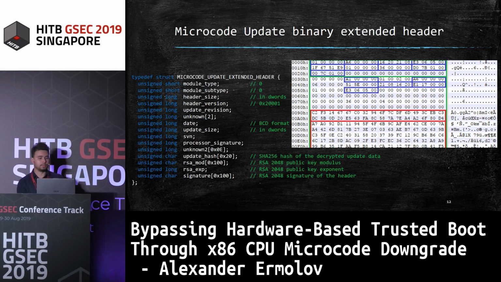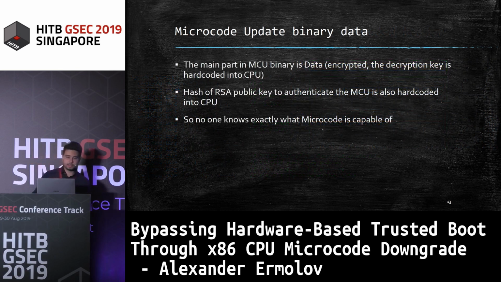This is one of the reasons why you can't modify the update. The second reason is that the update data is stored in an encrypted format, and the key to decrypt it is stored inside the CPU. So only the CPU can decrypt the microcode update, and also authenticate it before loading.